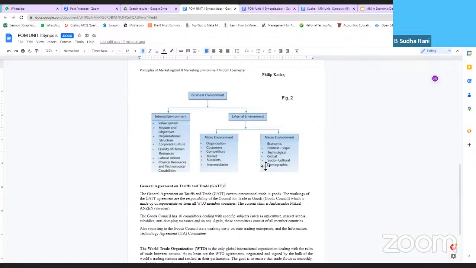Next, political and legal factors show a lot of impact on the business. Any change in the political aspects matters. Some ruling parties are industry friendly and make industry friendly policies for the development and growth of industries.